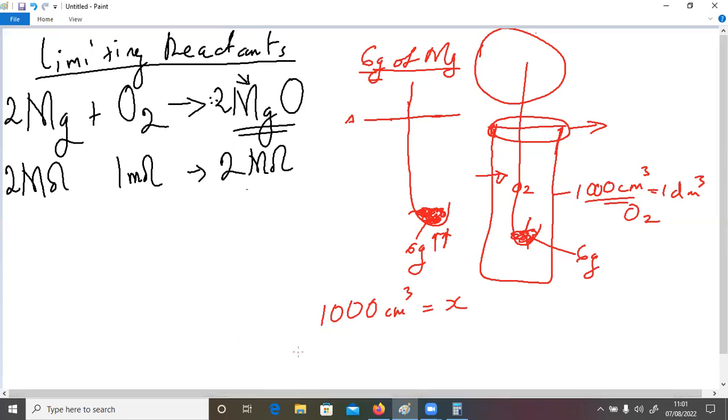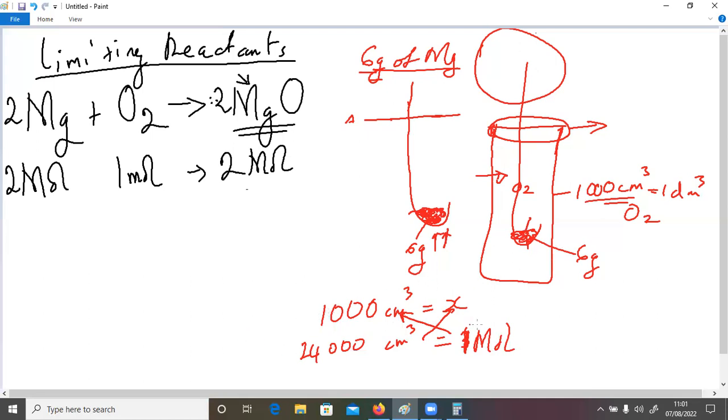We know that 24,000 centimeter cube of oxygen is equal to 1 mole. So I want to know in 1,000 centimeter cube how many moles of oxygen there are. I'm saying we only had a gas jar which had 1,000 centimeter cube of oxygen.